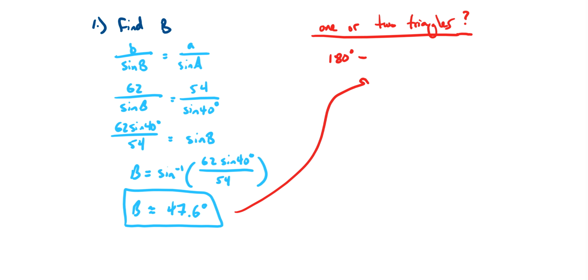So subtract that from 180, we get 132.4 degrees. And then we take this value and add it to the original angle that was given, which was 40 degrees. We take the answer that we just got, add it to the original angle, we get 172.4 degrees.